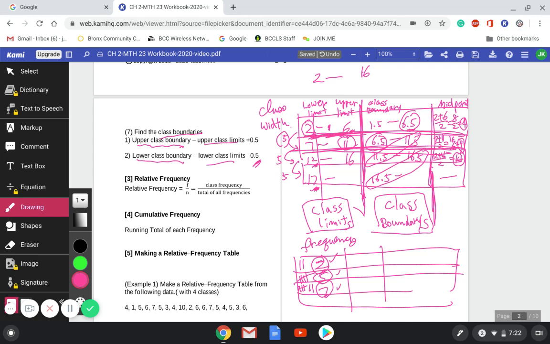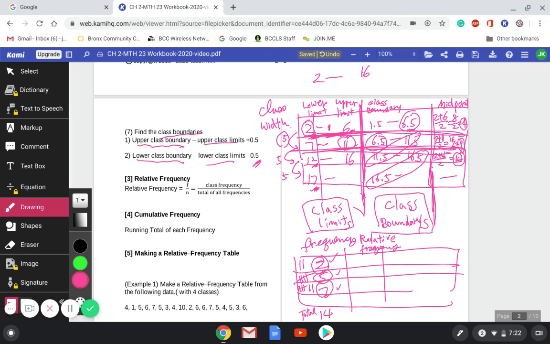And next one is relative frequencies. So let's say the total data was 14 of them.